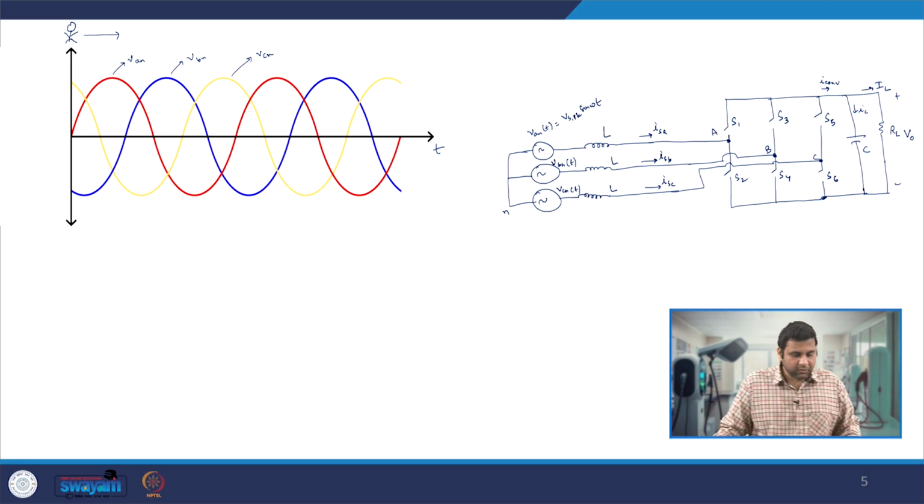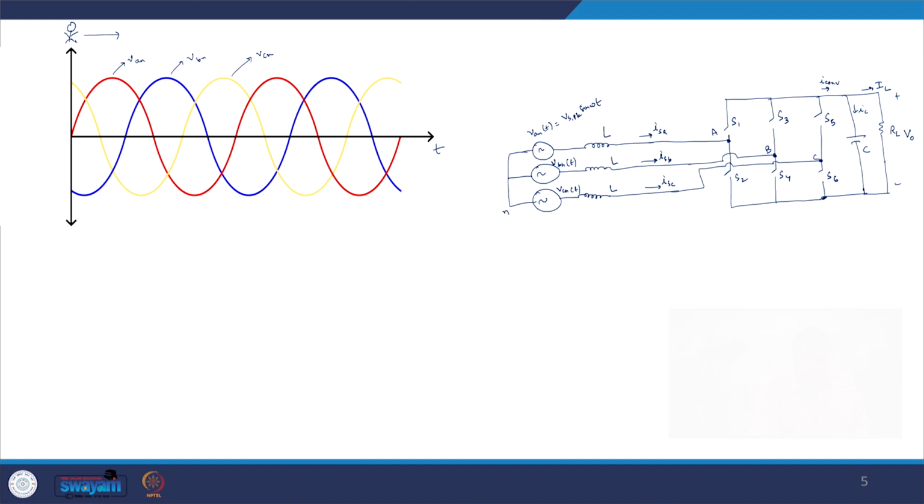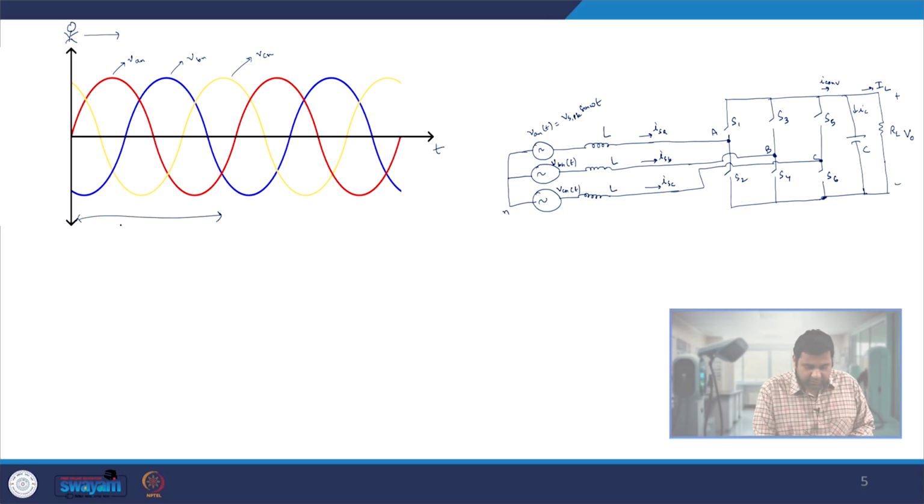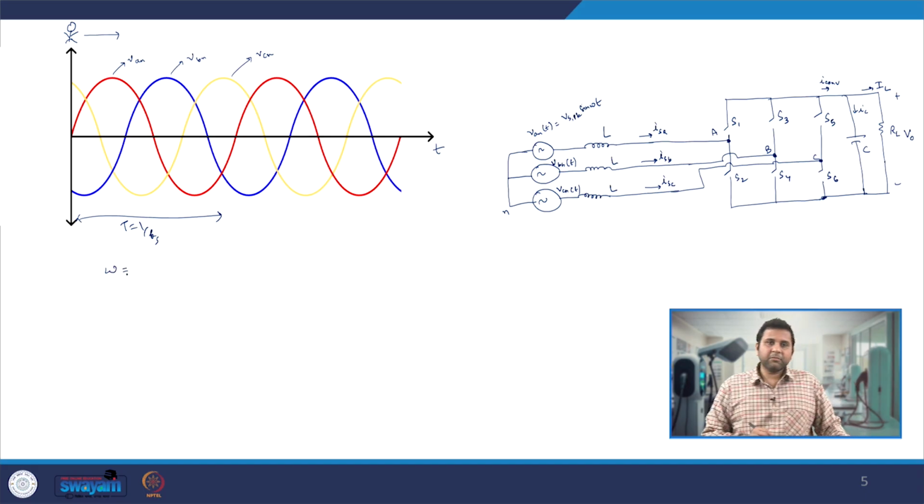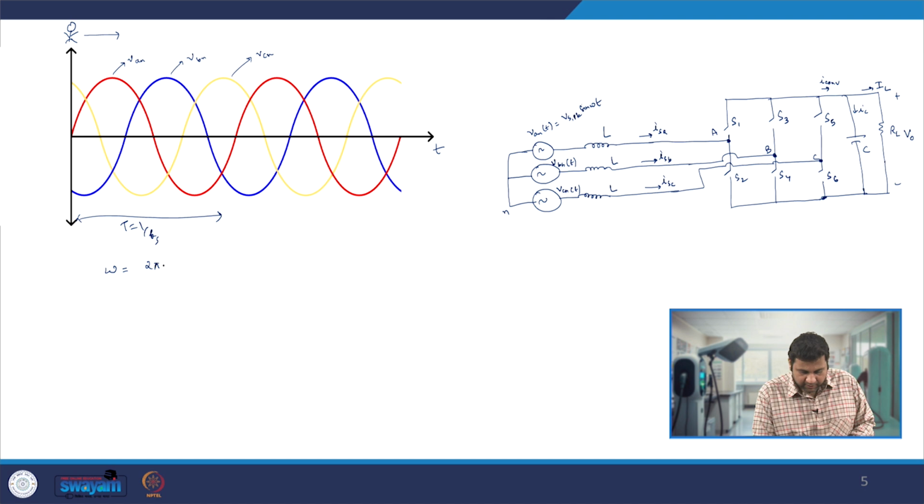So, they are time varying quantities, and you are one of the reference frames, and you are also running with the same speed as that of this waveform. That means this waveform is changing its value over time, with period 1 by Fs, and we can represent the angular speed corresponding to this as omega, which is 2 pi Fs, or 2 pi by T.